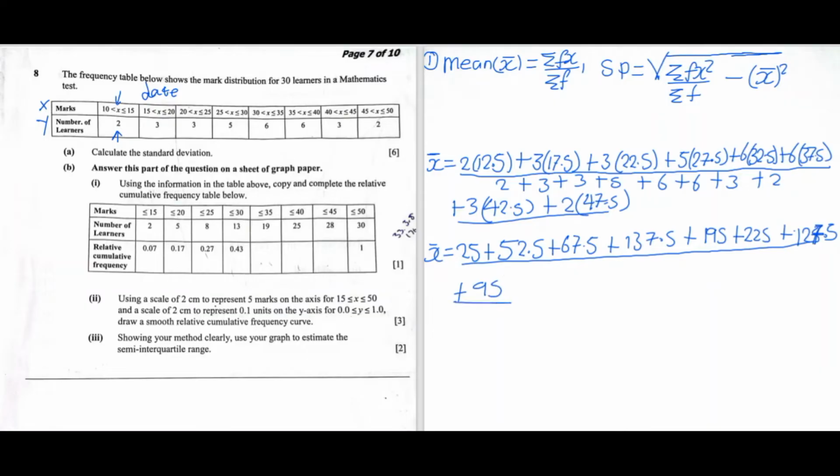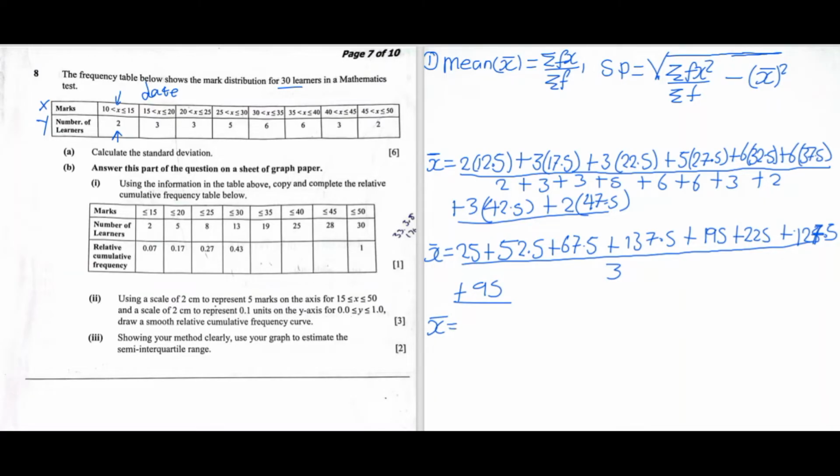Over the total frequency, 2 plus 3 plus 3 plus 5 plus 6 plus 6 plus 3 plus 2, which is 30. So everything is divided by 30.